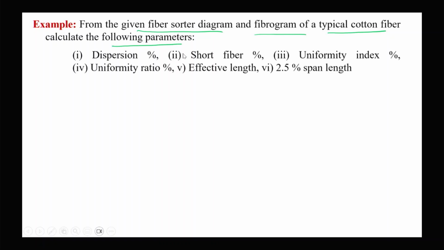That we will see, but this example is: from the given fiber shorter diagram and fibrogram of a typical cotton fiber, calculate the following parameters. So shorter diagram and fibrogram are given.